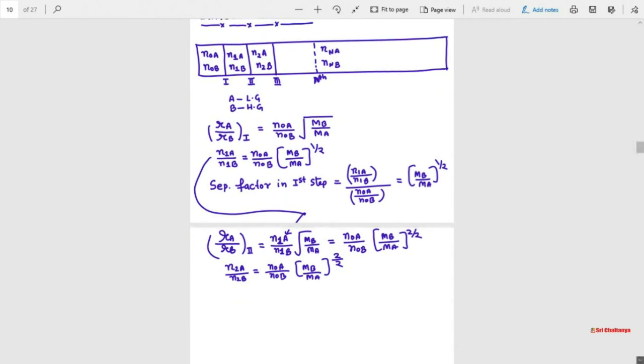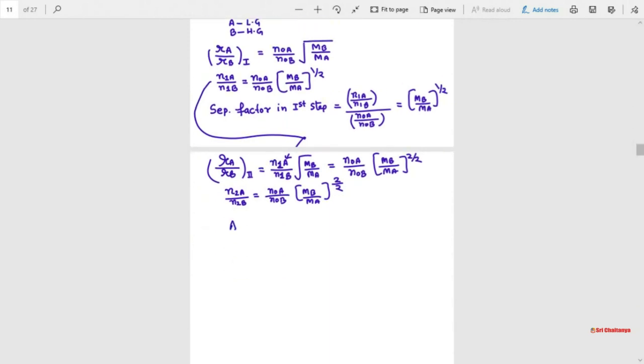So in general, if I want to write after the nth step, what will be the formula after the nth step? After the nth step, I can write that rate of diffusion of gas A upon rate of diffusion of gas B after the nth step is equal to initial number of moles of gas A, N naught A upon N naught B, molar mass of gas B upon molar mass of gas A to the power number of steps of diffusion divided by 2.